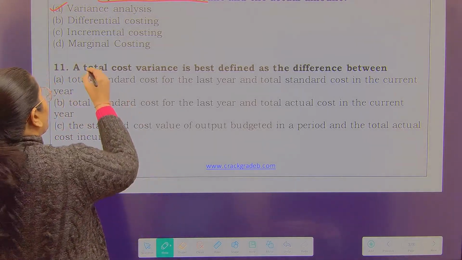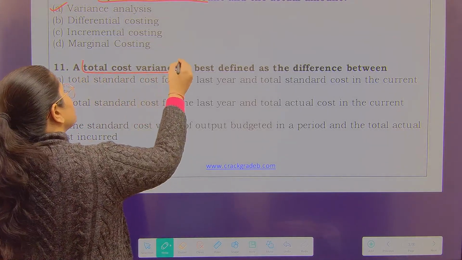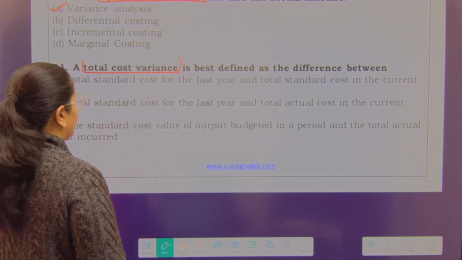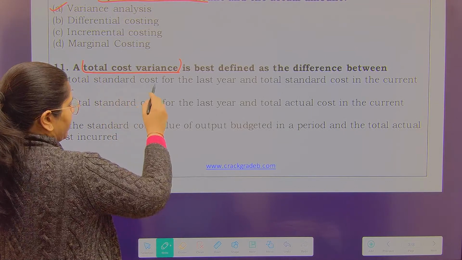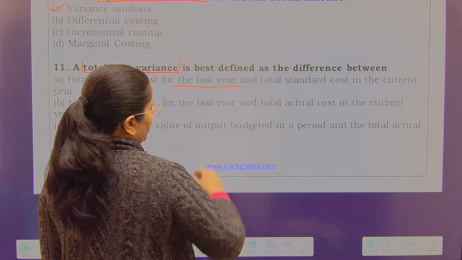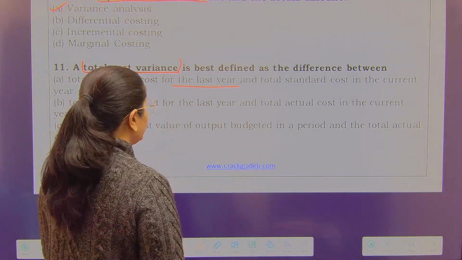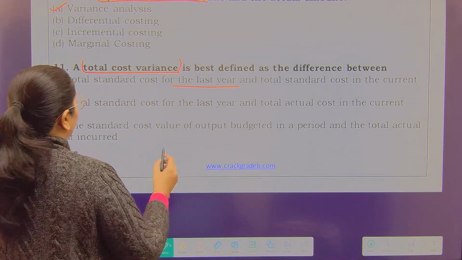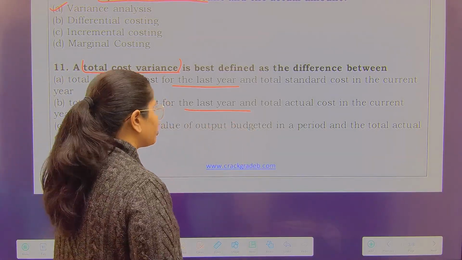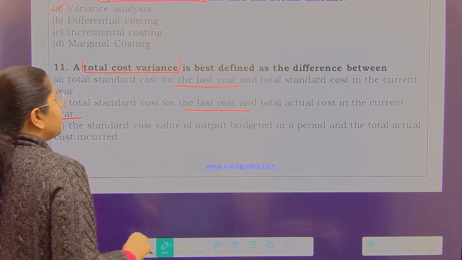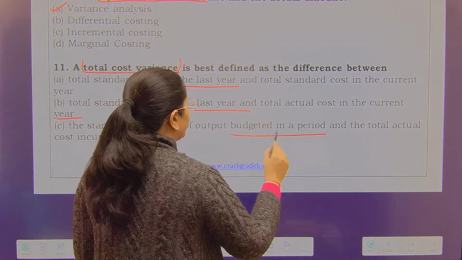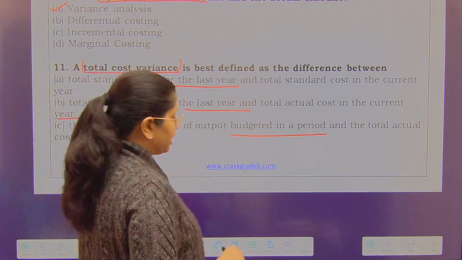Next, a total cost variance is best defined as the difference between total standard cost for the last year and total standard cost in the current year. Total standard cost for the last year and total actual cost in the current year. Standard cost value of output budgeted in a period and the total actual cost incurred.